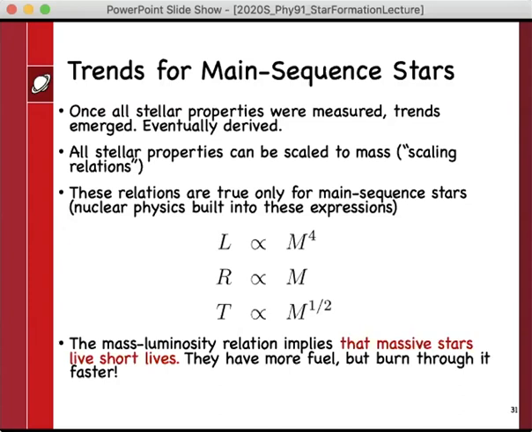So while the sun is going to hang around for 10 billion years, it's about halfway through its life at this point. Big stars like the O and the B stars, or the big blue stars, will only hang around for about 1 million or a couple million years, which is much smaller than billions.